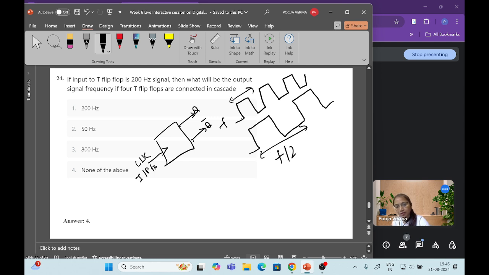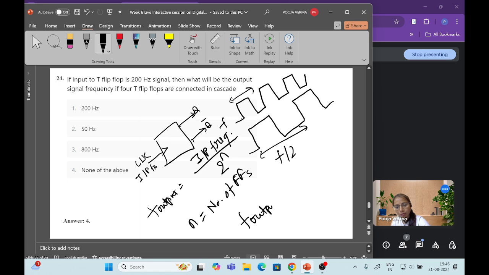The output frequency equals the input frequency divided by 2 to the power n, where n is the number of flip-flops. This is a formula you can remember.